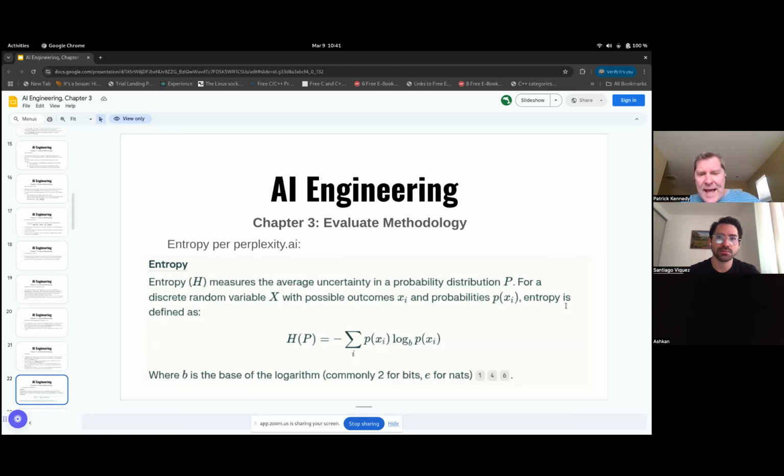Entropy is defined as, and here we'll use H as the function of entropy, and it will take the whole set, the probability distribution, like a tensor or a vector, the whole set of values of your data going into the entropy, and it is going to be equal to the following formula.